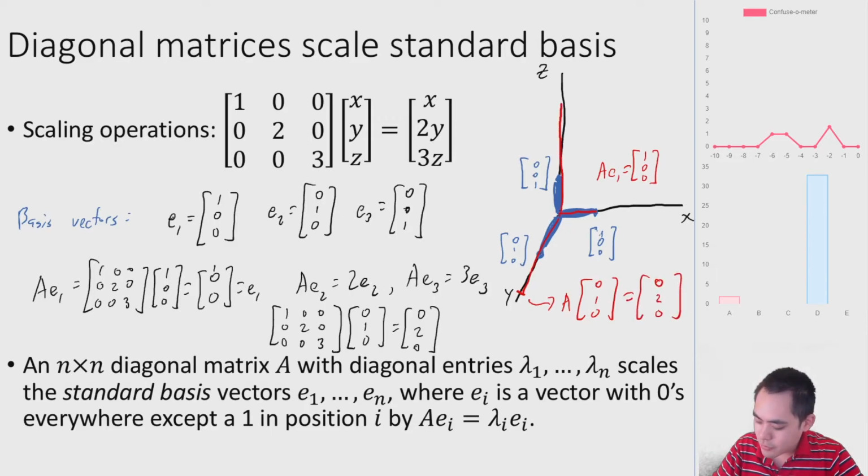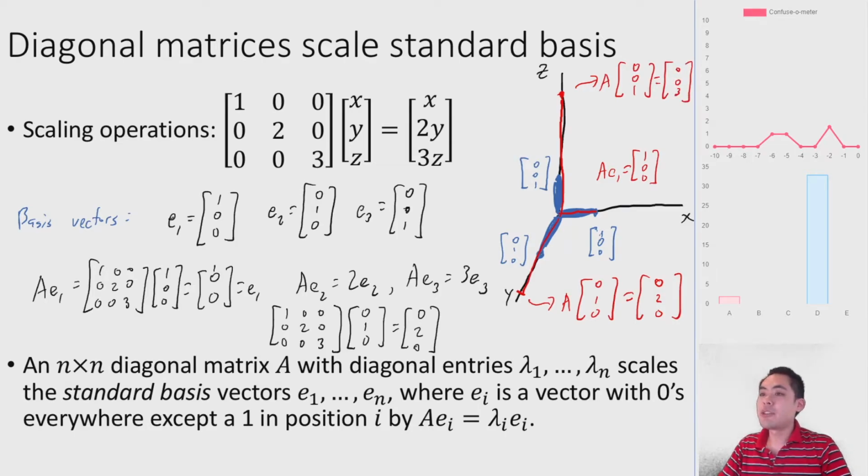And in the third column, along the z-axis, you're actually tripling it, so A times 0, 0, 1 is equal to 0, 0, 3. Basically, this diagonal matrix is scaling your figure, whatever it is in 3-space, along each of the different axes. It's leaving your x-axis unchanged, doubling the size of anything along the y-axis, and tripling the size of anything along the z-axis.